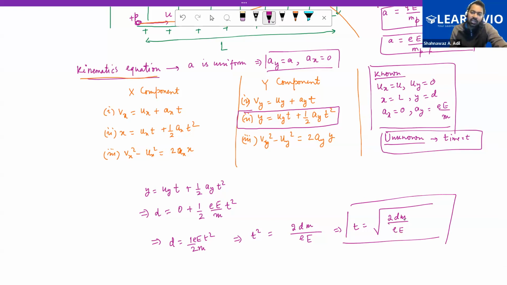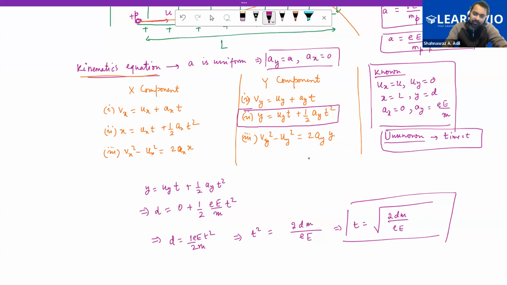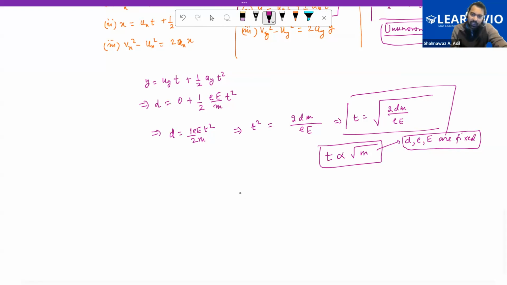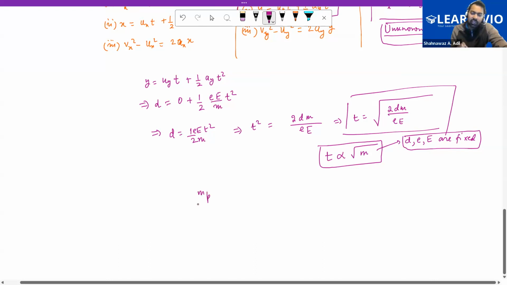If we take different masses, only mass is changing. So T is directly proportional to root M. Am I correct or not? Because d, e, and E are fixed, they are constant. We are only having electron and proton, so only mass is changing. So if we know that the mass of proton is heavier or lighter than electron, which one is greater?